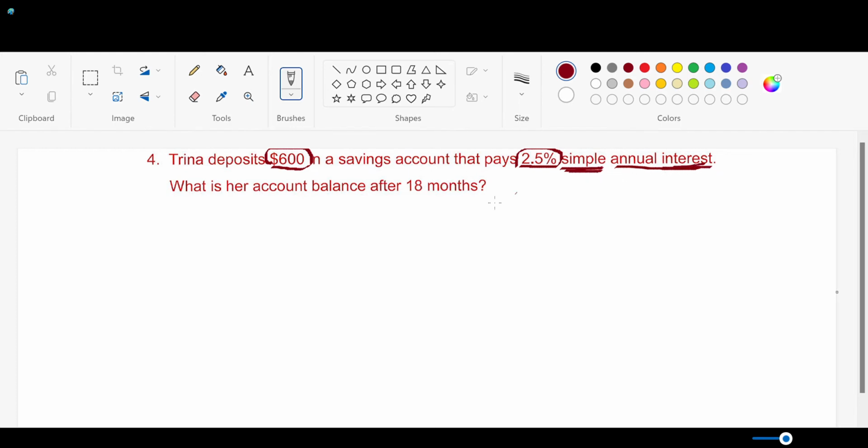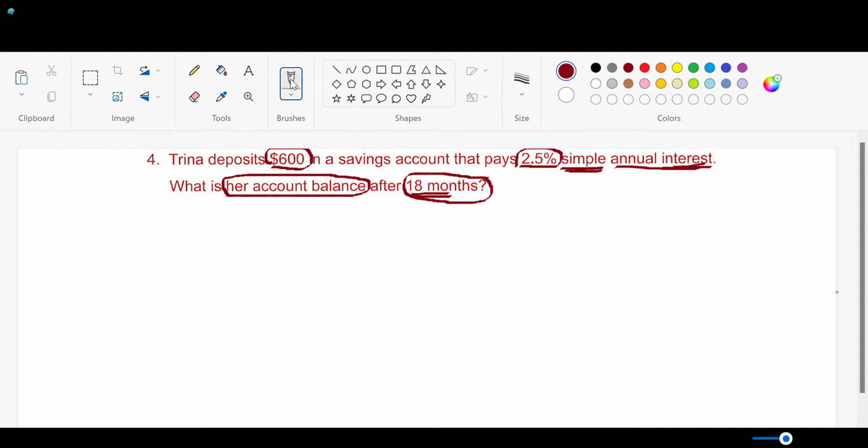The question asked is, what is her account balance after 18 months? 18 months, not 18 years. Annually means once a year, so if it's 18 years, then t is equal to 18. But in this case, t is not 18 years. It's 18 months. So please make sure you read the questions carefully.